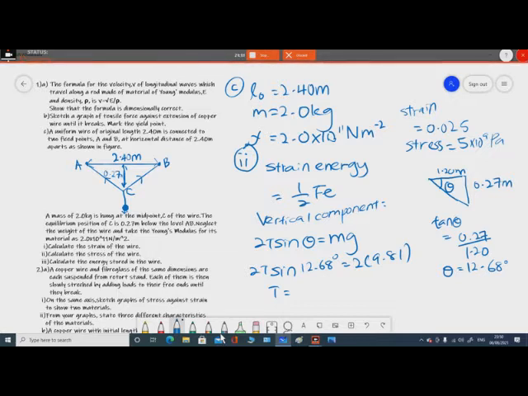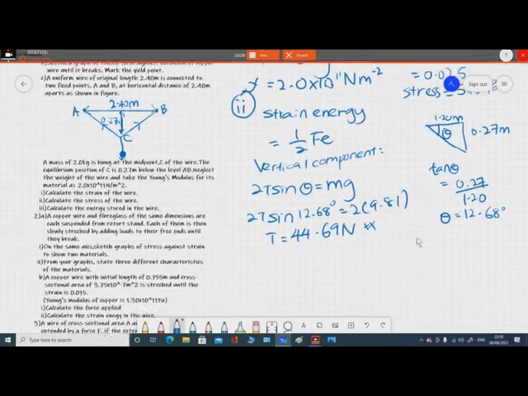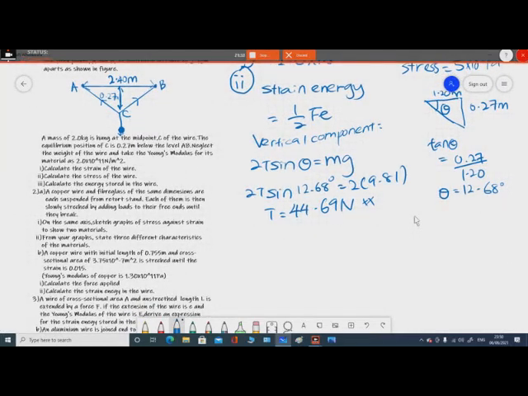So the tension for one side of the string is actually equal to 44.69 newtons. Okay, so let's continue for our strain energy.